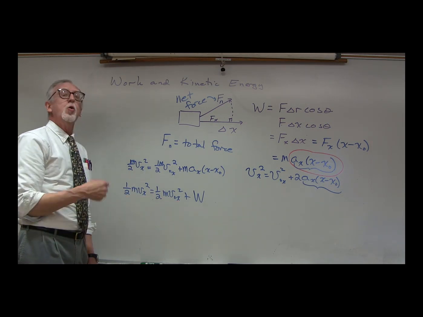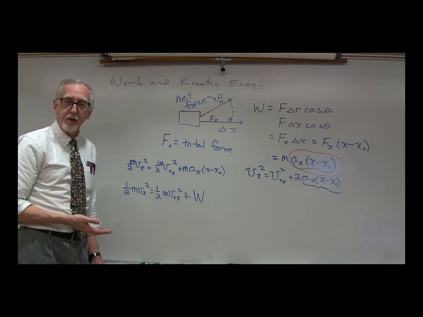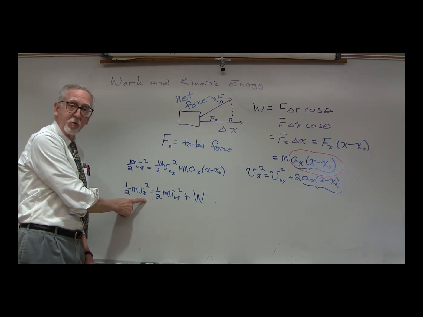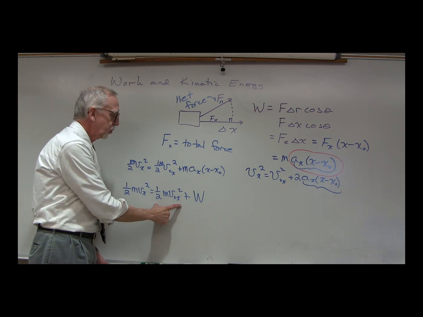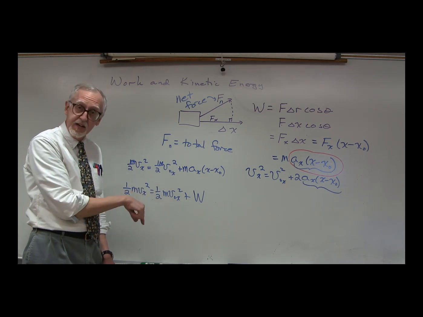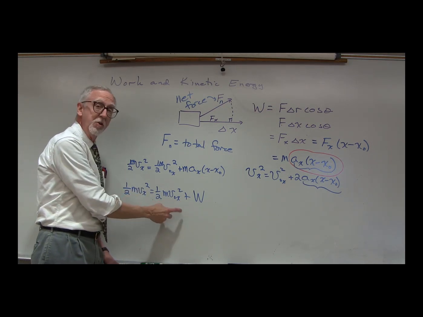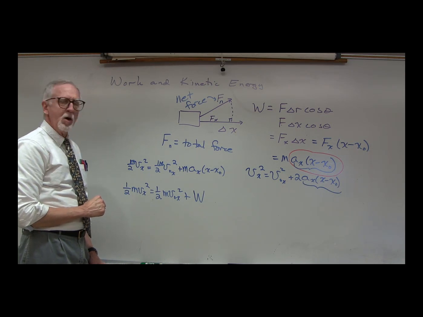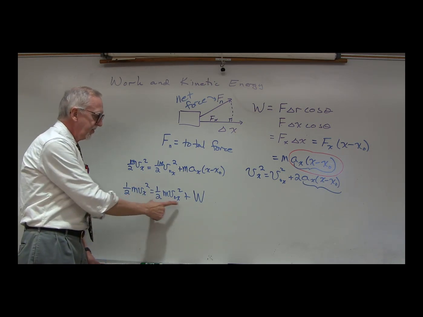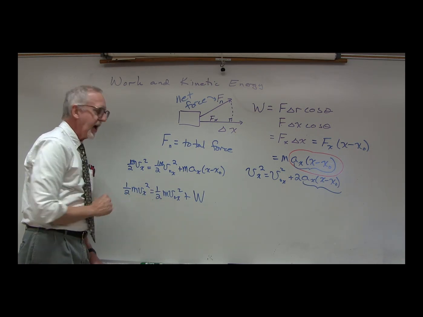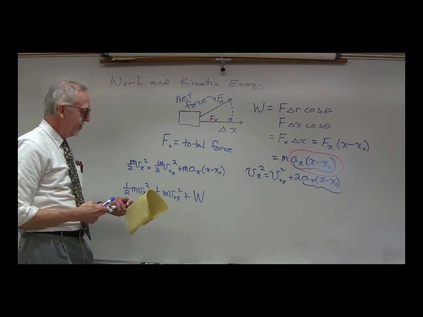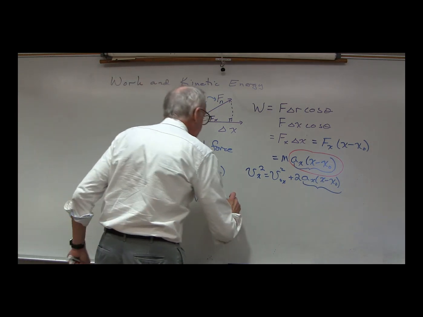They are both 1/2 m v x squared, but this is 1/2 m v x squared evaluated finally, and this is 1/2 m v x squared evaluated initially. In other words, 1/2 m v naught x squared. Well, we're going to define these things as a new quantity, and this is called the kinetic energy.